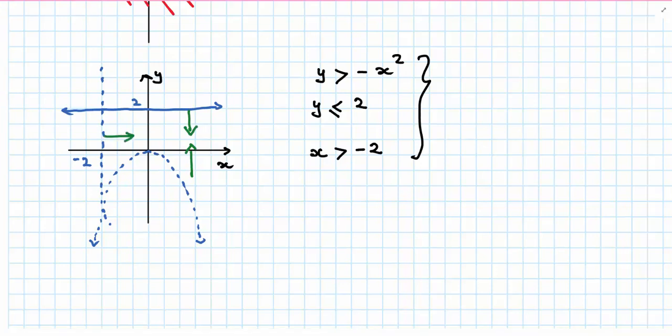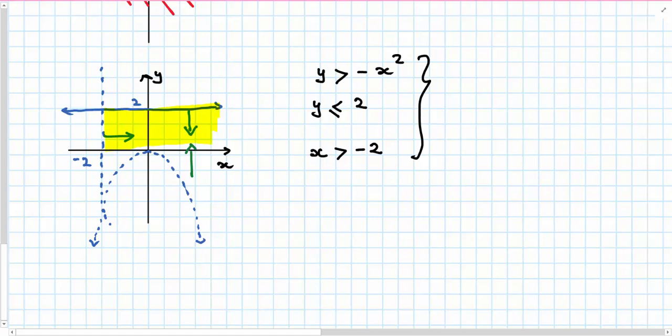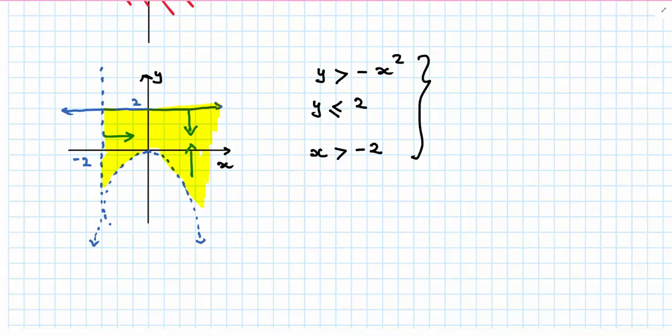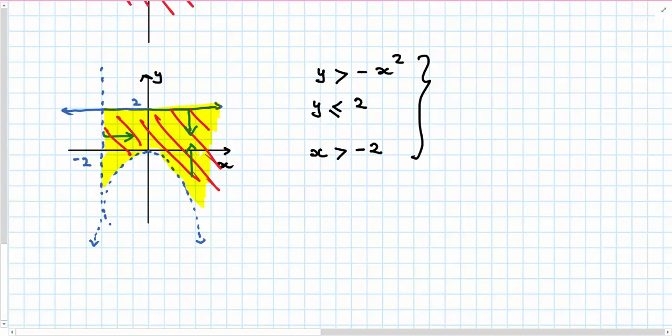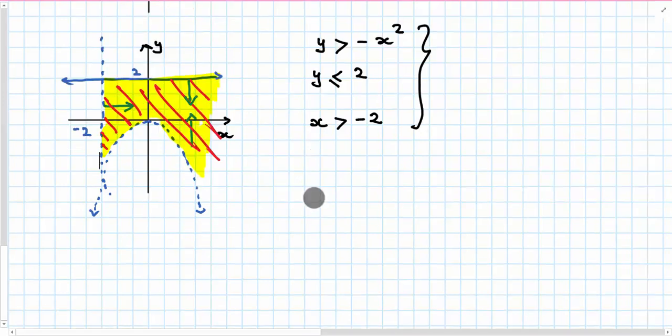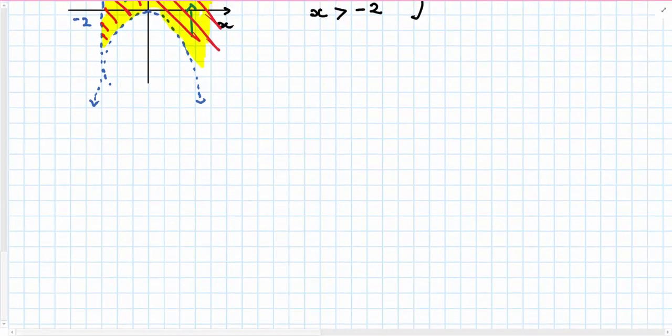So the shaded region would be the region that sits here. And of course, if you don't have a highlighter, we shade as we did before. Let's look at another example.